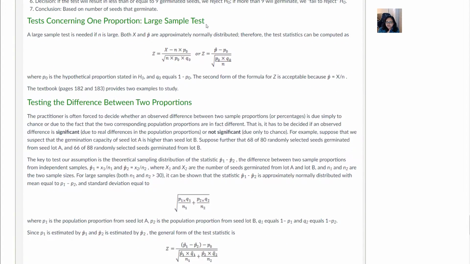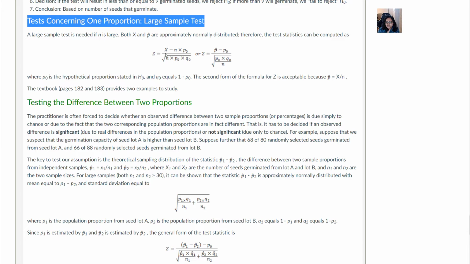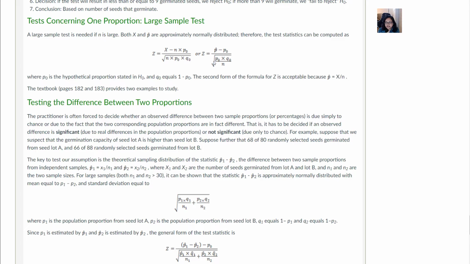And then if the sample size is larger, we have to go for a z-test again. In the z-test, basically you need to use the proportion you find in the sample, the proportion you find in the population, and then you have to find the standard error for that proportion.